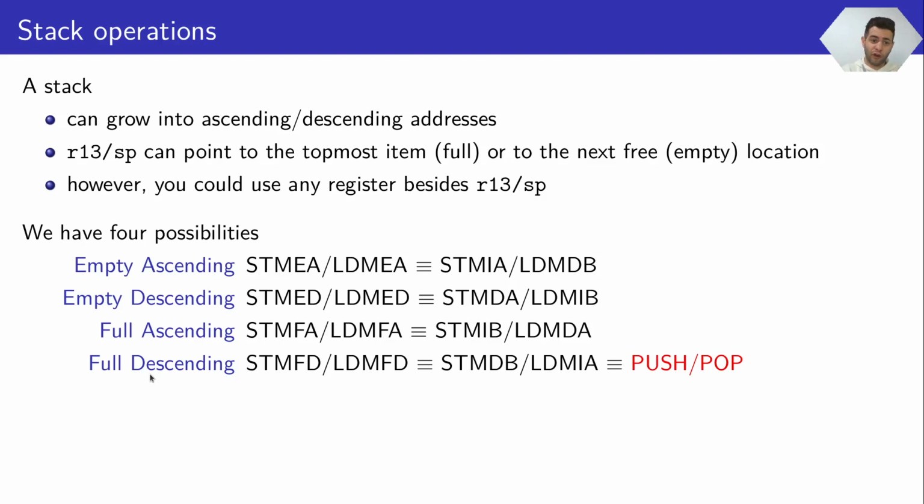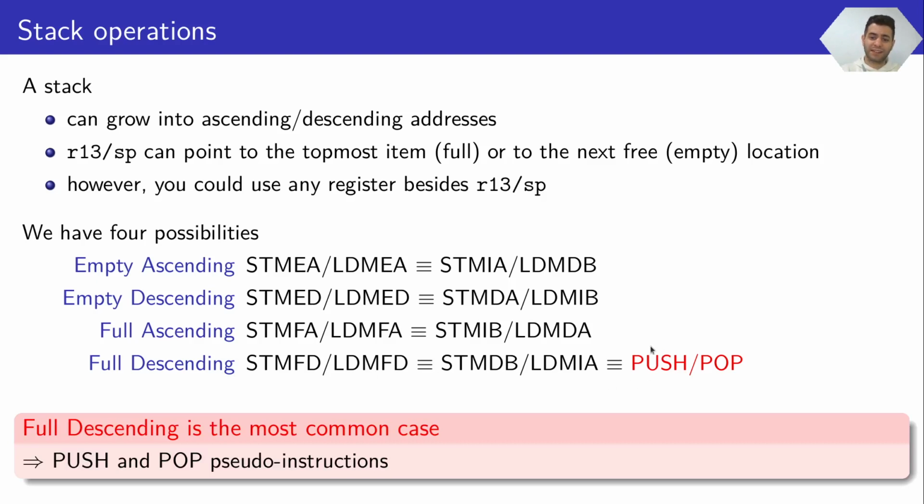The stack pointer, which we always use as ARM32, always points to the topmost item of the stack, and the stack grows downwards. For this reason, there exist the push and pop pseudo instructions that correspond to STMDB, which stands, you remember, for store multiple decrement before. Because when you push, when you store something, you are moving downwards. Instead, when you pop, you are incrementing after, so you are going upwards.